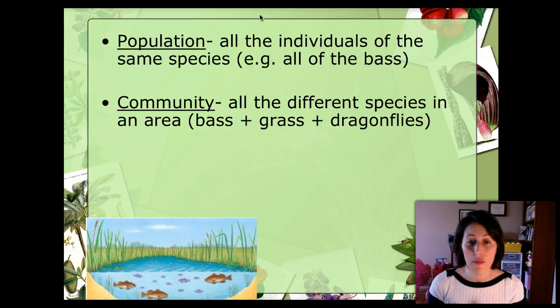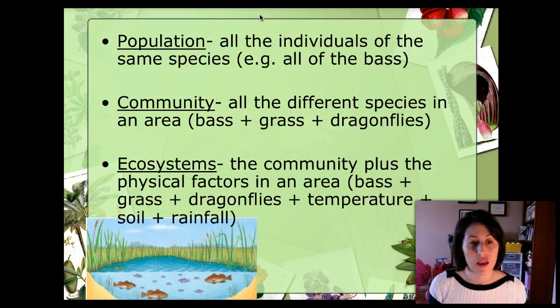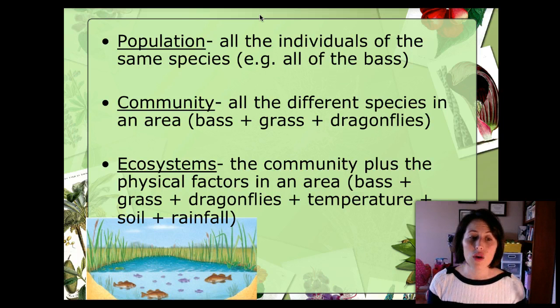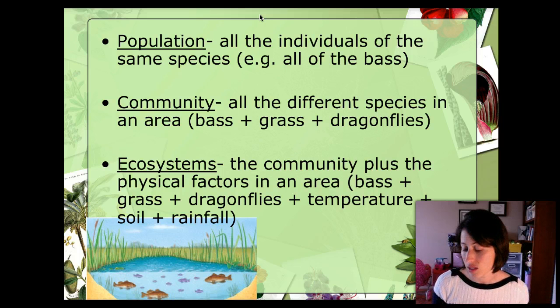So we're talking about the bass and the grass and the dragonflies and the bacteria and the algae, whatever else happens to be alive in that area. But then when we talk about an ecosystem, we're talking about all of the living organisms in that area, so all of the community, plus physical factors. So we're talking about the bass and the grass and the dragonflies and the temperature, and the soil content, and the rainfall, and any other factors that play within that area. Okay, that is the ecosystem.